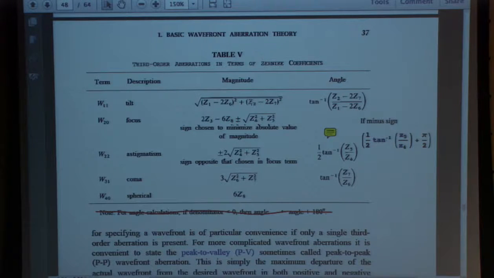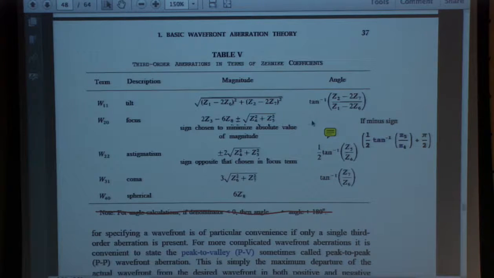It just goes as the square root of Z1 minus 2Z6 squared plus Z2 minus 2Z7 squared. So that gives you the magnitude of the tilt. And then the angle of the tilt is the arctangent of Z2 minus 2Z7 over Z1 minus 2Z6. So I'll let you go through and derive that. It's not too hard to do.